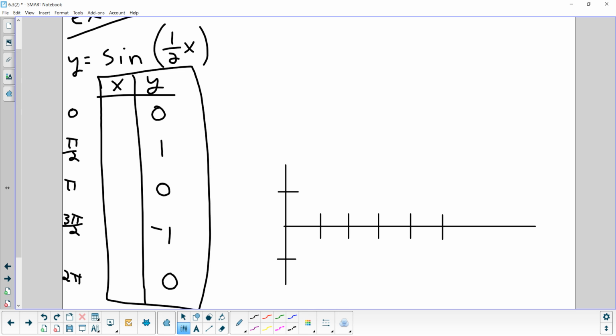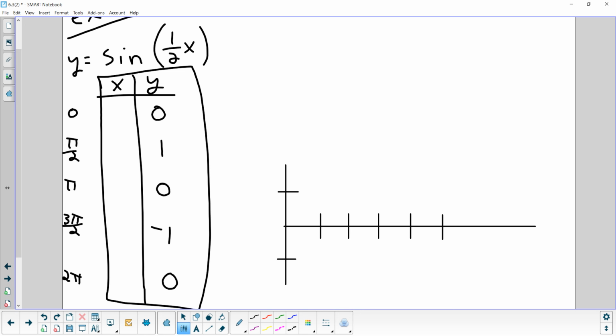And what am I going to do to all those x values? Divide. Yep, divide by what? 1/2. Yep, you could divide them all by a half, or you could think of that as multiplied by 2. I'm going to think of it as multiplying by 2.